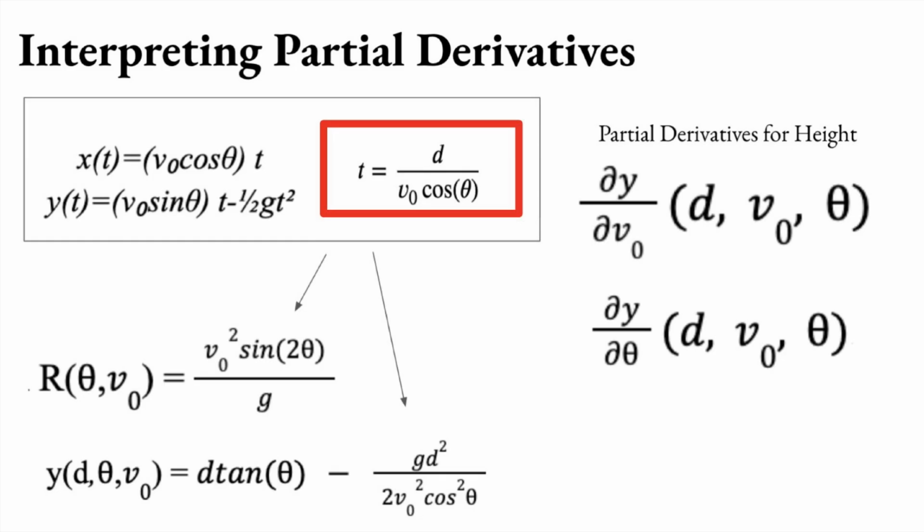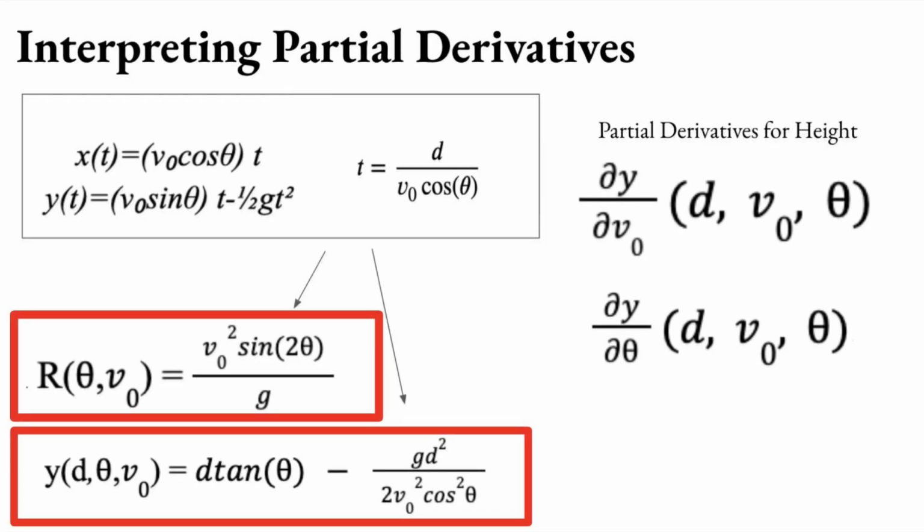And then you plug that into t for both equations, and you'll come up with these two new equations, r being range or distance, which would be r of theta, v initial equals v initial squared sine 2 theta over g, and then y would be y of distance, theta, v initial equals d tangent theta minus g d squared over 2 initial velocity squared cosine squared theta.